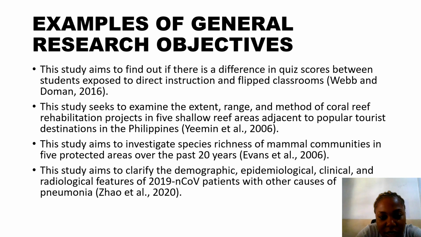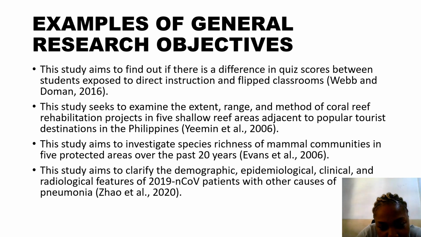So you see they've used find out, or in other words, you can say to determine. This study aims to determine if there is a difference in quiz scores between students exposed to direct instruction and flipped classrooms. So this is an example of a research objective by these authors.